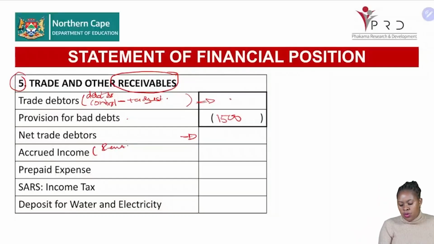Normally, you would have removed it from your statement of comprehensive income. And then you will bring it now to your statement of financial position under trade and other receivables, right? Your rent income and so forth. Then you will have your prepaid expense. That is an expense that you've paid in advance. So normally it's your insurance, your director's fees, and so forth, right?